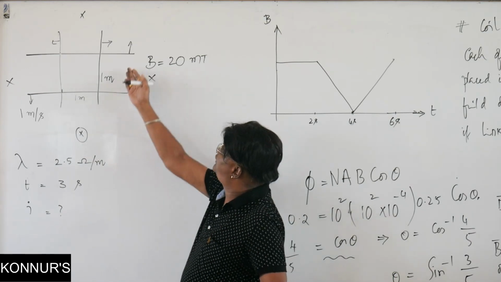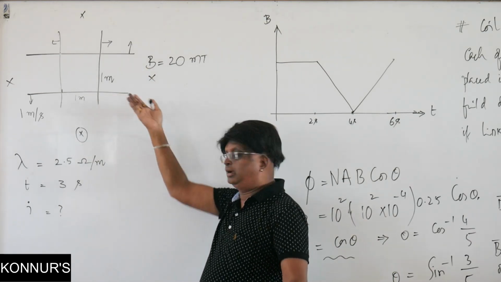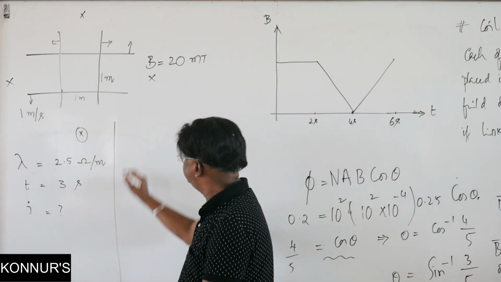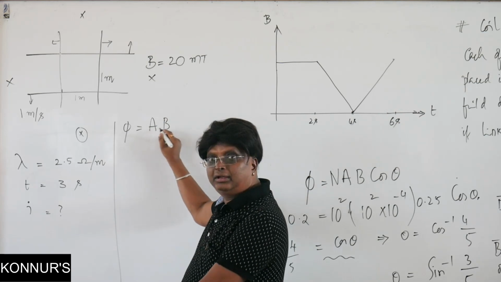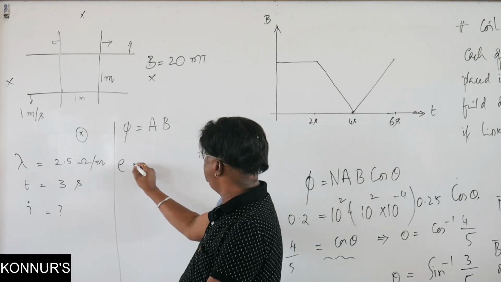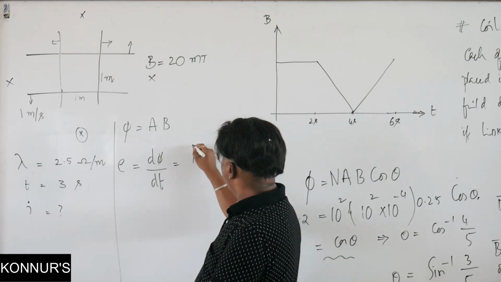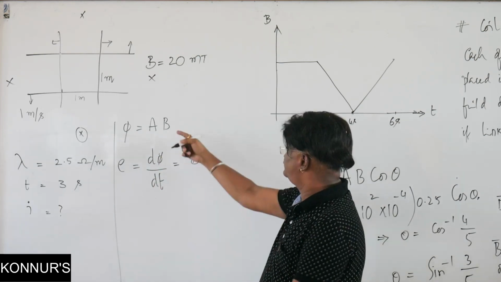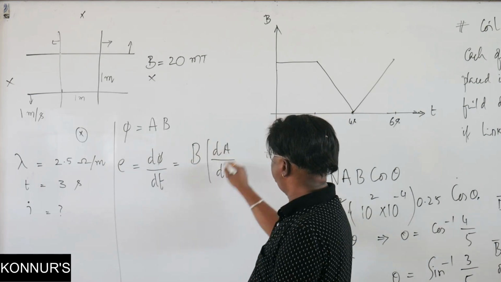Here what happens, since they are moving away from one another, area increases. Therefore our definition is phi equal to A times B, A for area and B for induction. Therefore now E is equal to the derivative d phi by dt. B is a constant magnetic induction and therefore now it is simply B times dA by dt.